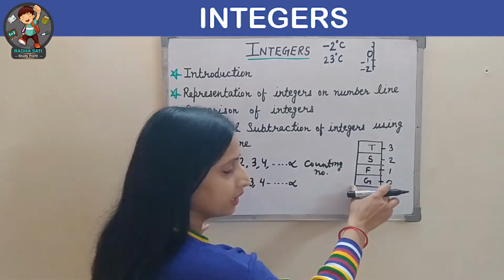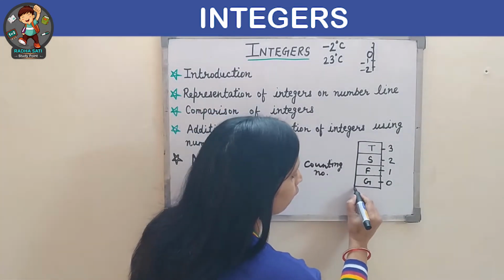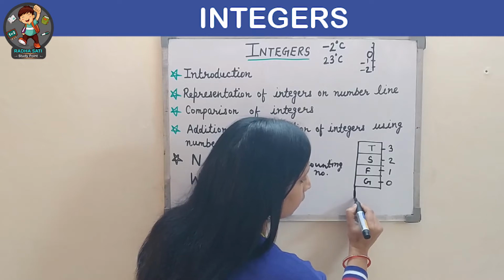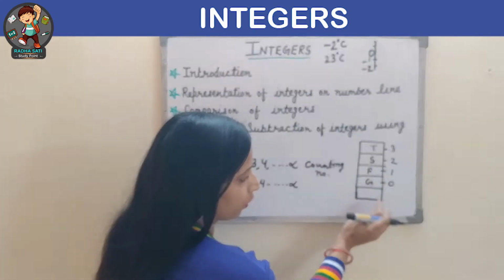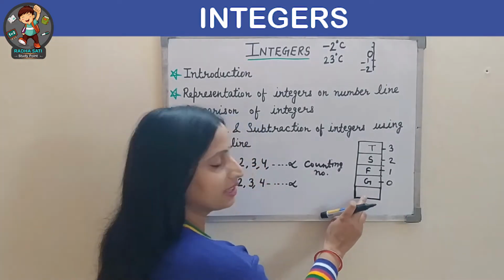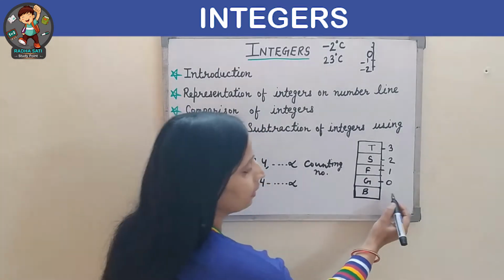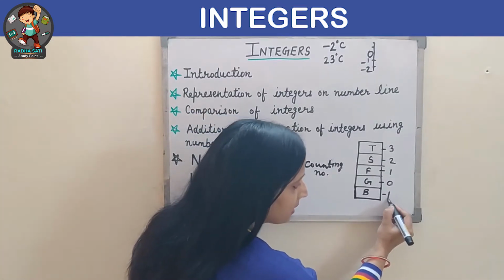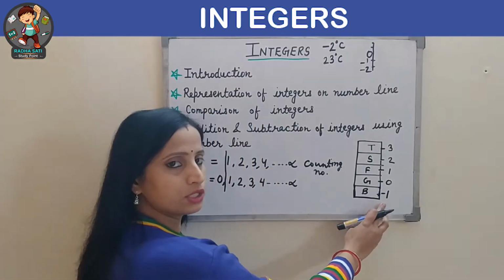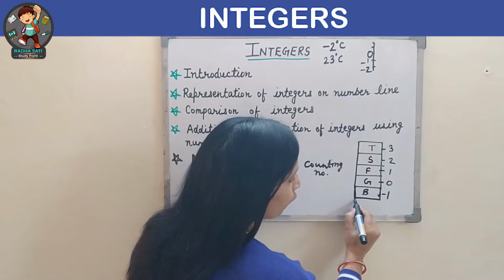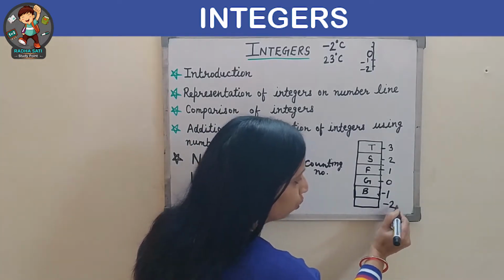But what if there are floors below the ground floor, which we call the basement or underground? If we have to represent this basement floor by a number, then we can use -1. Then it will be represented as -1. If there is one more floor, then it will be -2.